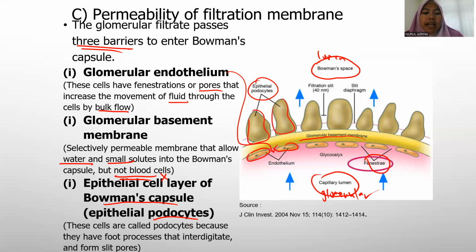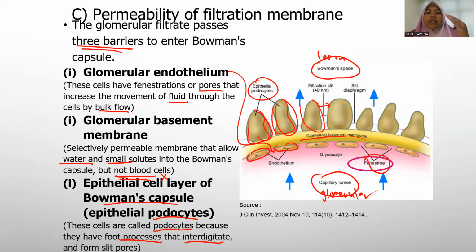These cells are called podocytes because they have foot processes that interdigitate and form slit pores. So you can see they interdigitate with one another and form slits, sort of like small spaces, that ensure only small molecules can pass through, right?